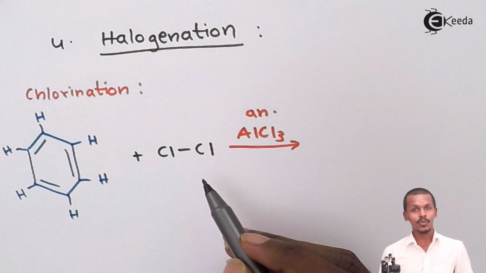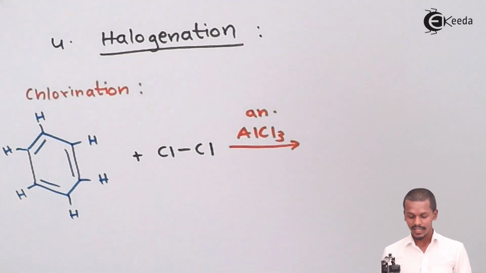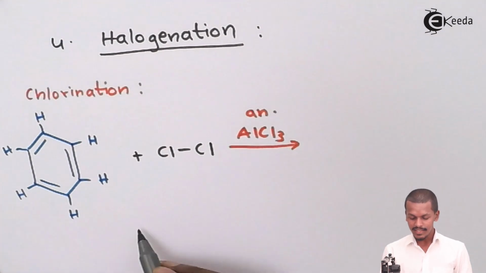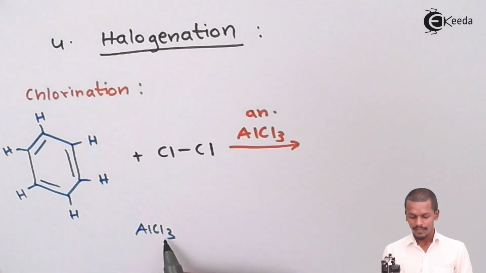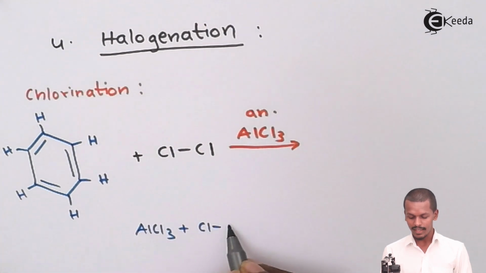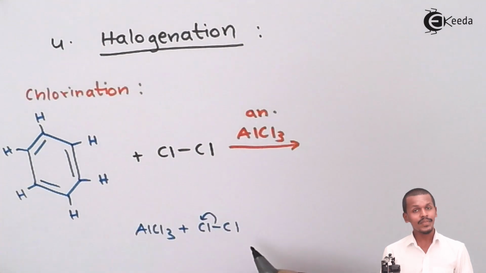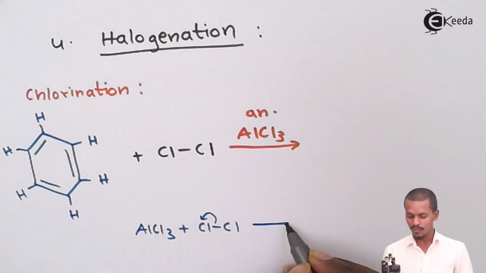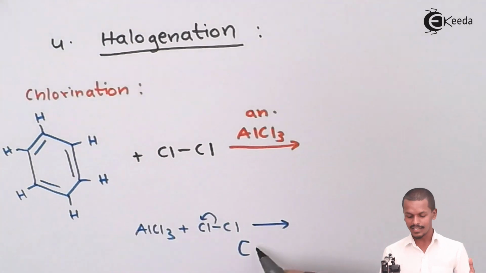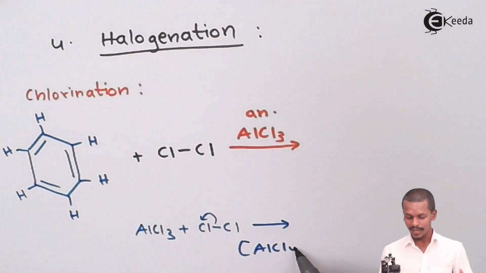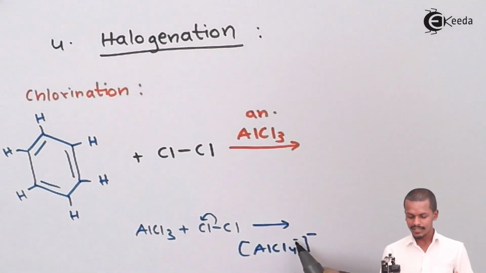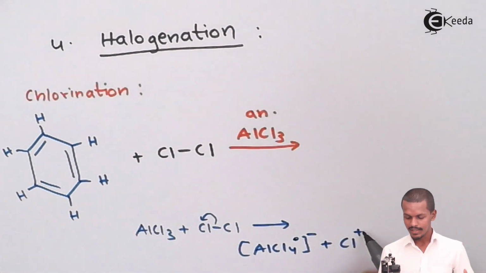So in this process, when AlCl3 is involved with Cl2, this will internally make one of the Cl atoms positive, and meanwhile we'll get a complex, AlCl4 minus, along with the Cl plus ion.